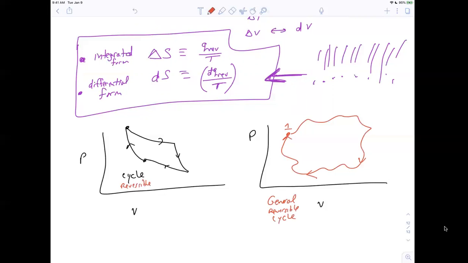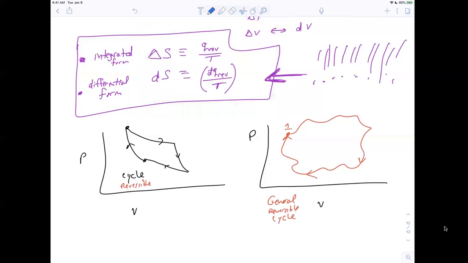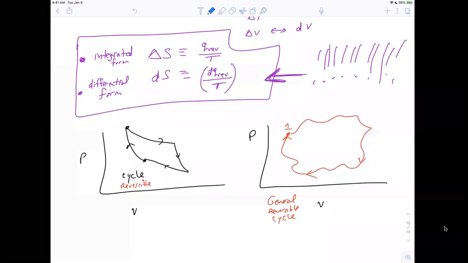What you can do, and we can show this mathematically, but I won't, is actually construct this cycle as a series of very, very small Carnot cycles. Your textbook has a much nicer picture, but you can essentially make these very small differential Carnot cycles and embed them in this cycle.